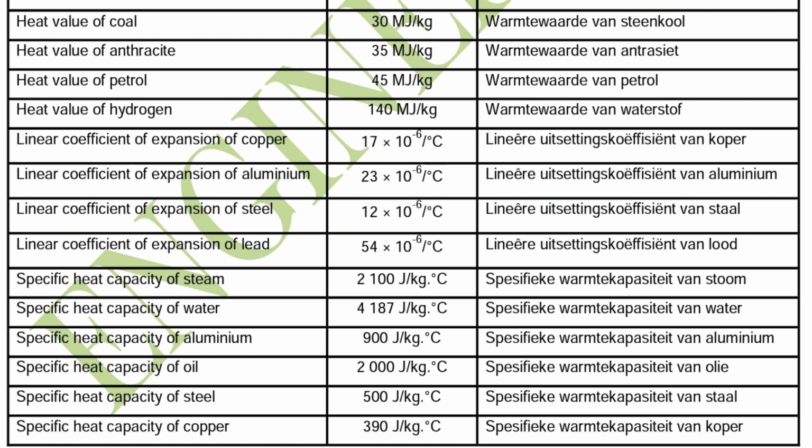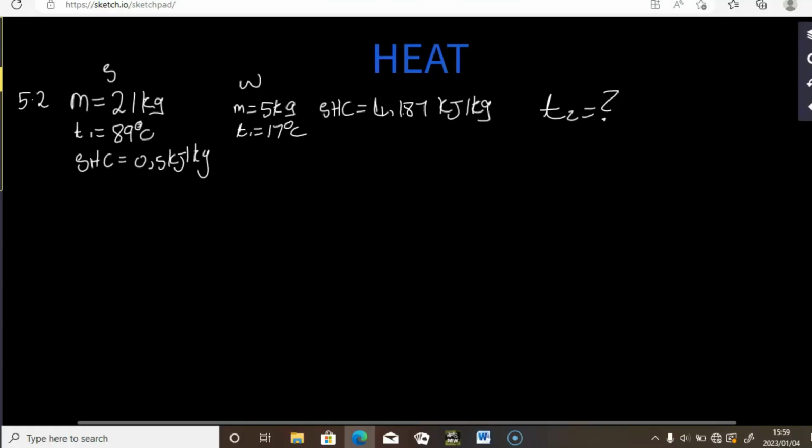So what we are going to do is look at the material that we are working with, in this case, water and steel, and then go to that table and extract the specific heat capacity of water and of steel. For steel it is 0.5 kilojoules per kg, and for water it is 4.187 kilojoules per kg.